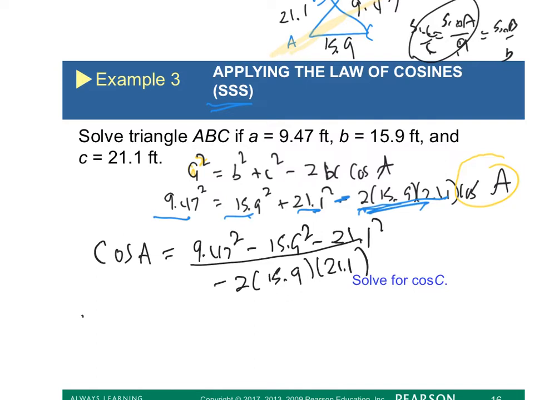Then you're going to do the arc cosine of that answer, and that's going to give me my answer. Okay? So this is a job for you. Type it in. I'm going to do it.